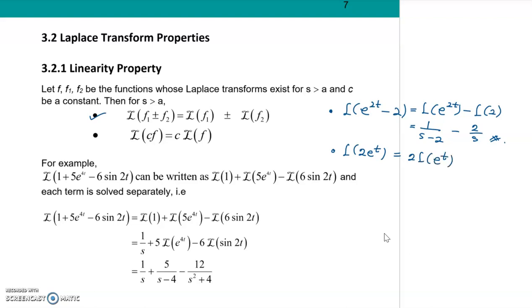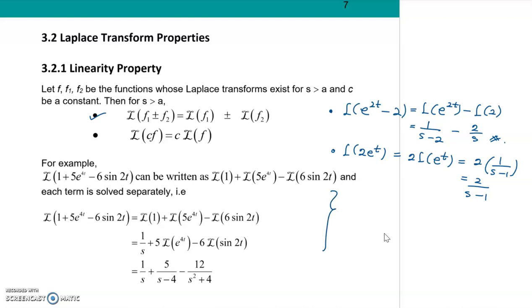So we can put aside the constant and multiply with the Laplace. Then it is 2, and based on the table, it is 1 over s minus 1. So it is actually 2 over s minus 1. So that is the second one. You can see the example here, given in details.